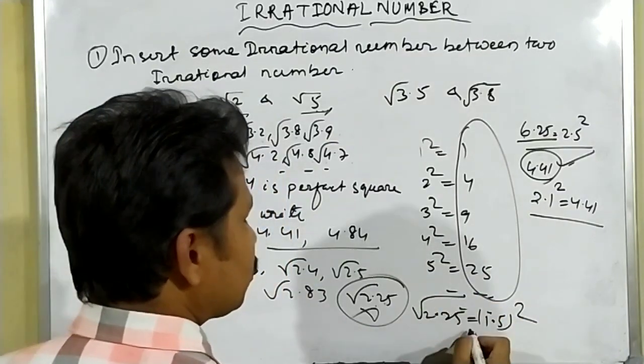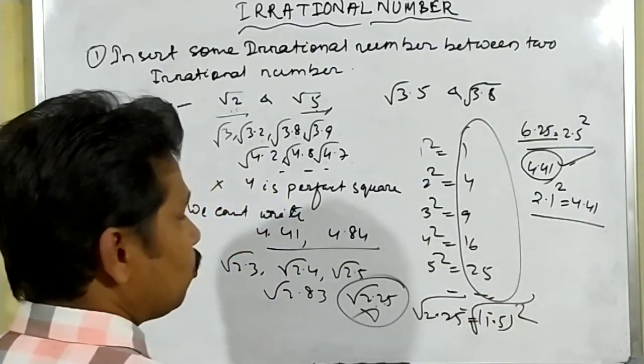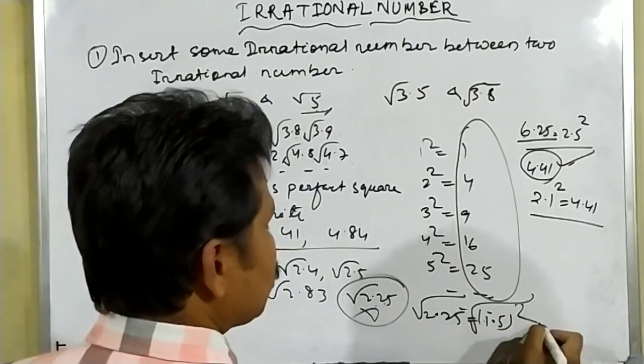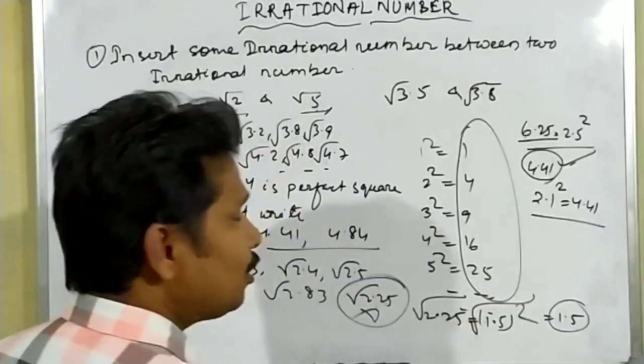So root of 2.25 is equal to 1.5, which is a rational number.